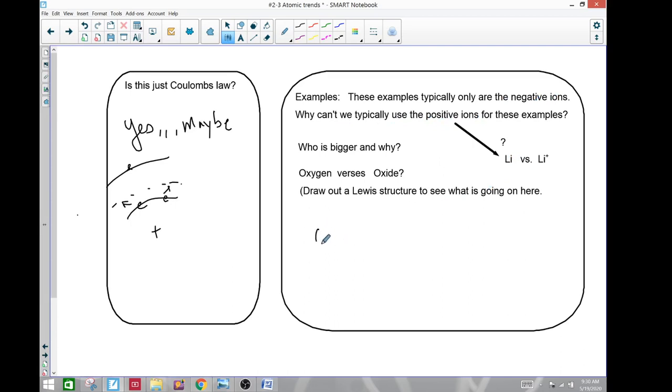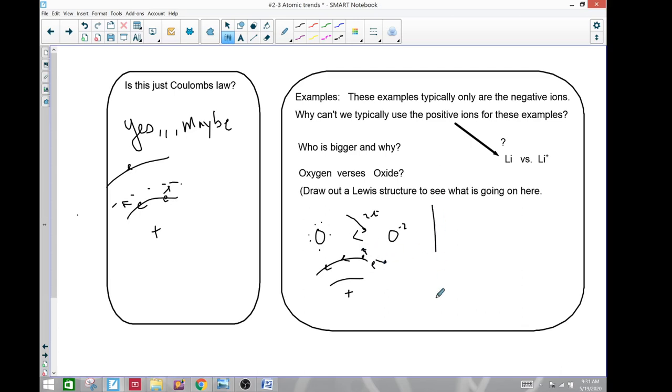So for example, we're looking at oxygen versus oxide. They both have 2 energy levels, and this one's got 2 valence electrons. So I shouldn't say that. It's got 6 valence electrons, missing 2. So as I add my 2 electrons in, I keep the same energy level. This one is slightly bigger because of electron repulsion.